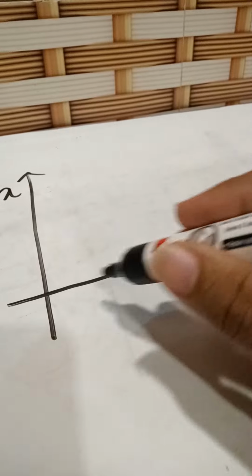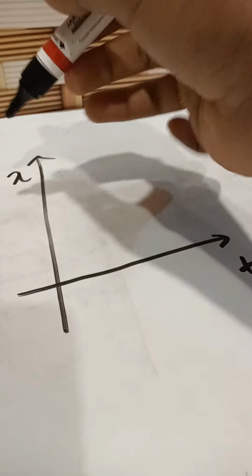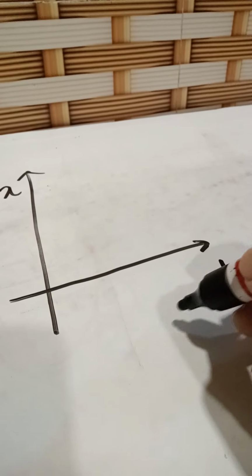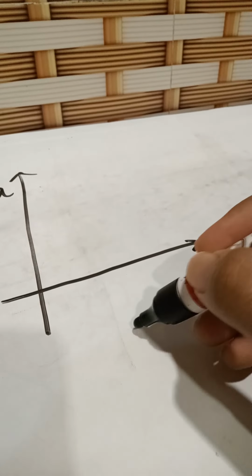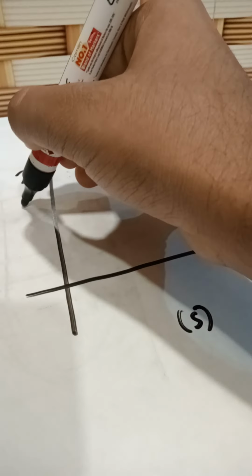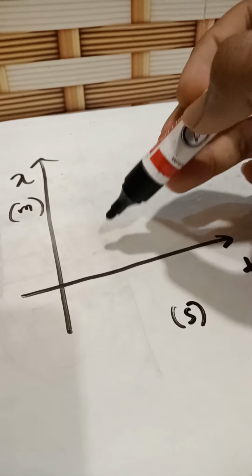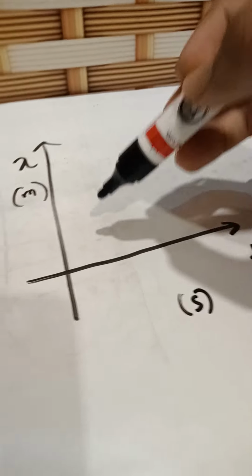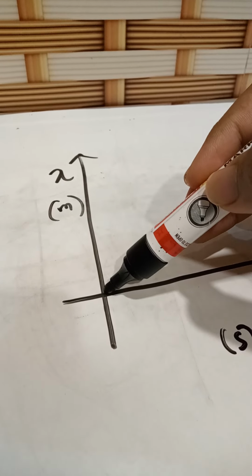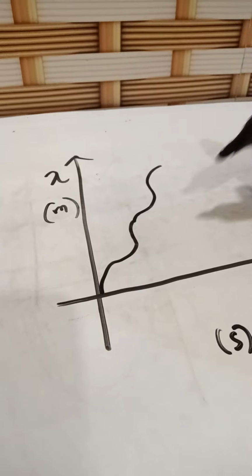So I'm representing the x axis by t, which is time, and the y axis by x, which is the spatial axis. Time is in seconds, and distance, or length, is in meters. Now I'm going to plot the motion of a car, somewhat like a random graph like this.